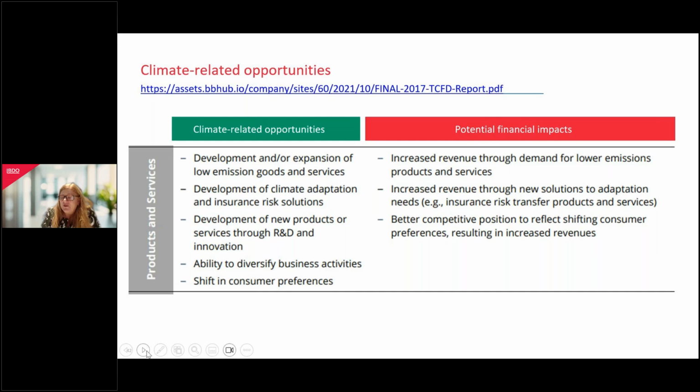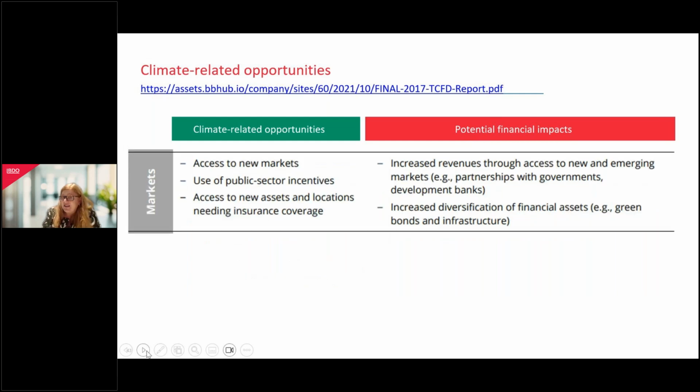Products and services. Again, we can talk about there's insurance risks. What adaptations we've done. Do we have any information around consumer demands, consumer preferences? Markets, the same thing. What information do we have about partnerships with governments? What information do we have around green bonds and infrastructure?